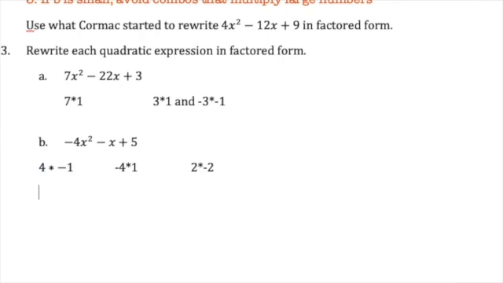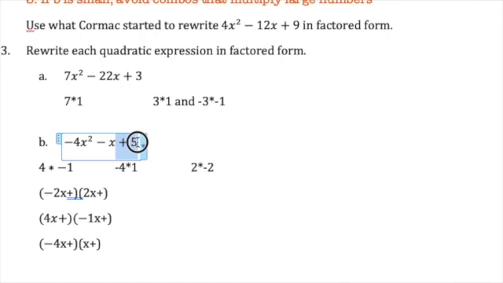So really, my pairs I'm going to test out are going to be negative 2x plus something, and 2x plus something, and then 4x plus something, and then negative 1x plus something. And then the last one is going to be negative 4x plus something, and then x plus something.